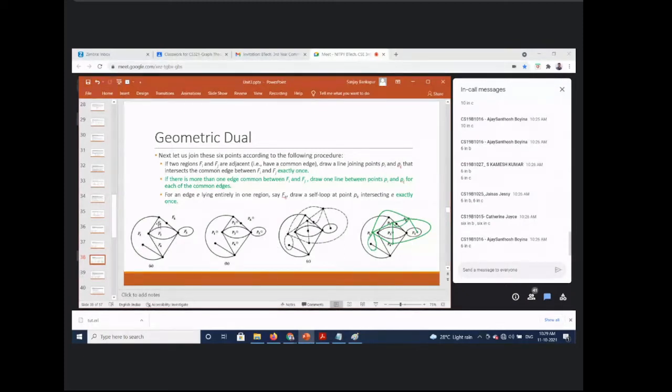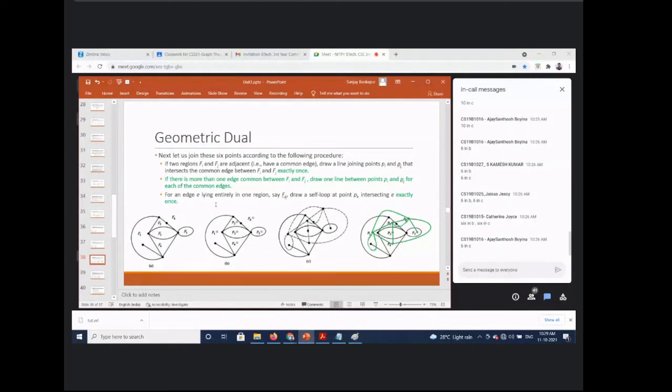First, the given graph. Find the adjacent regions. If there is just one common edge, make it a straight line between those two points, or those two regions. That's how we build the edges with respect to adjacent regions.